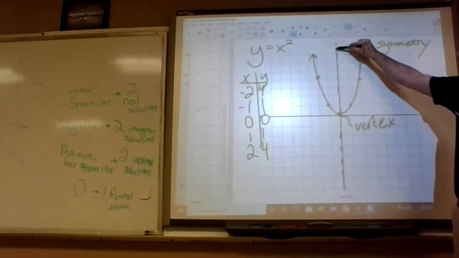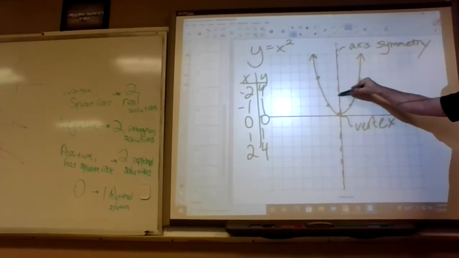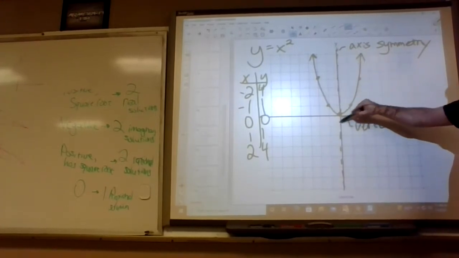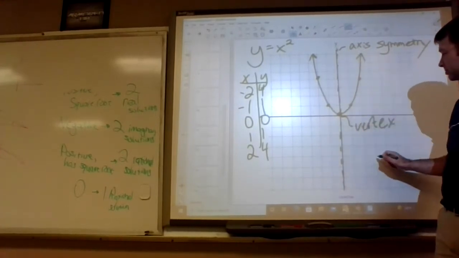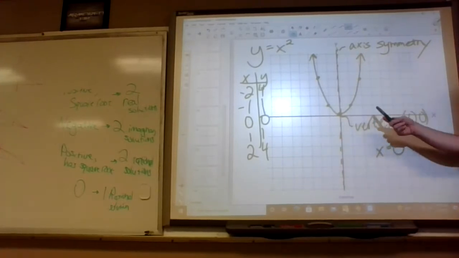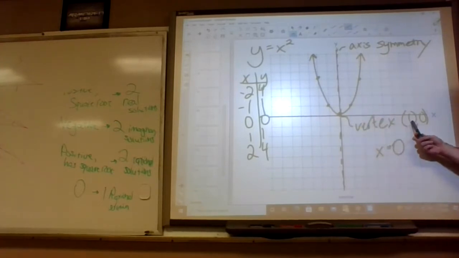The axis of symmetry on this one, basically the y-axis, would have the equation x equals 0. The vertex is always in the middle, so the axis of symmetry and the x-coordinate of the vertex are always the same thing.